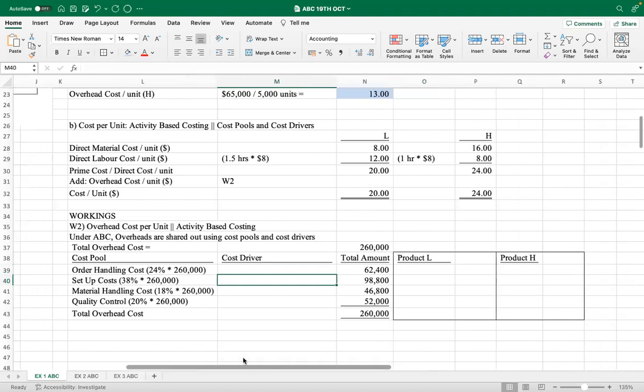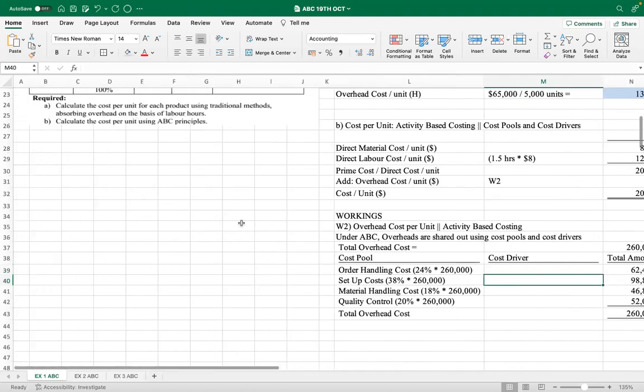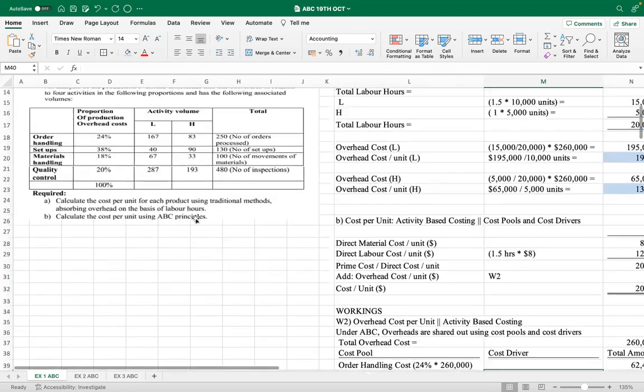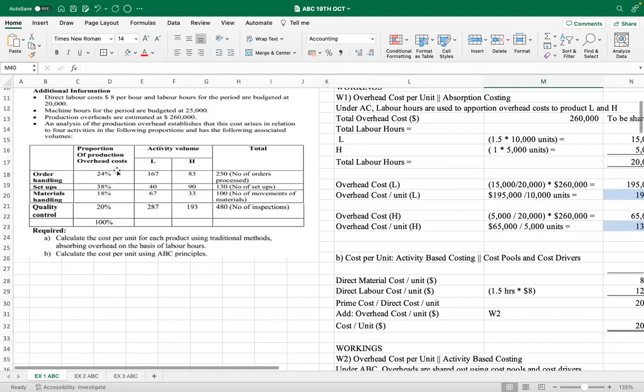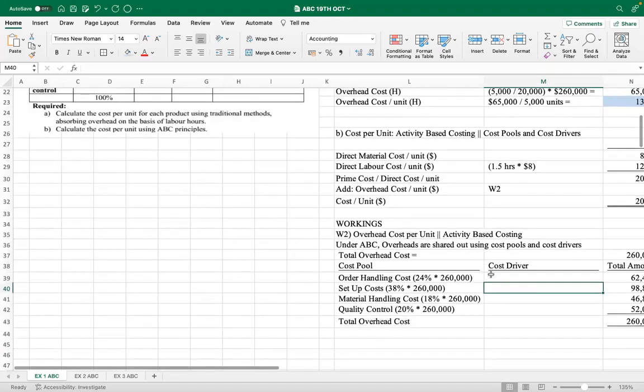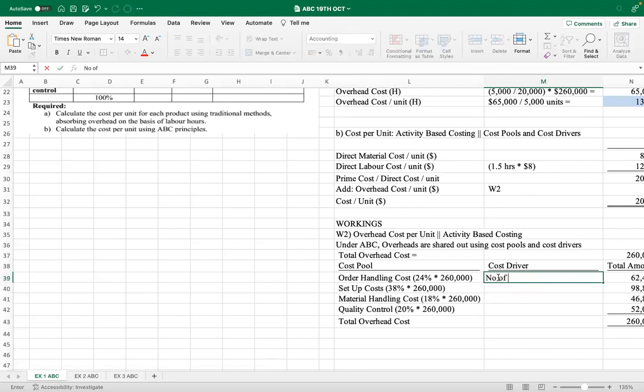So let's check in the question if we were given each cost driver. For order handling, the cost driver you are given is number of orders processed.